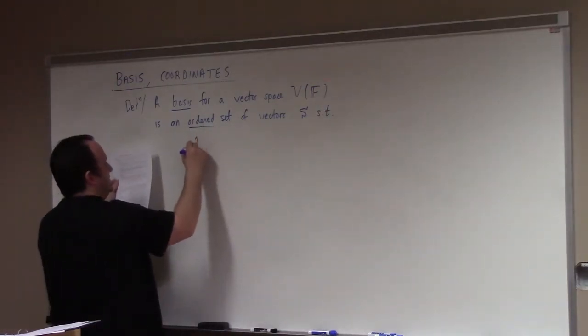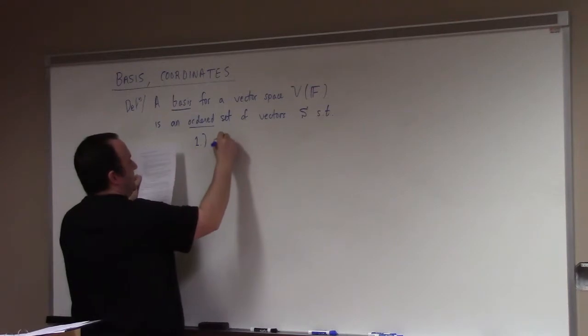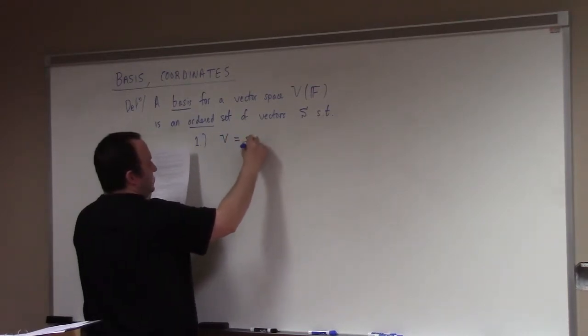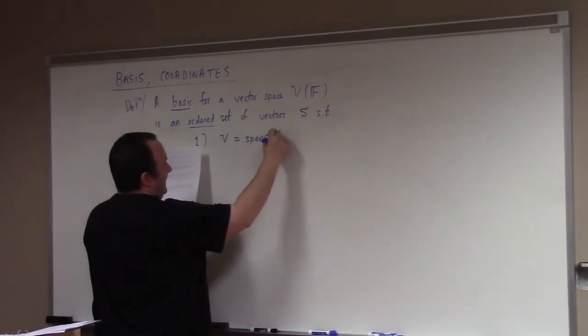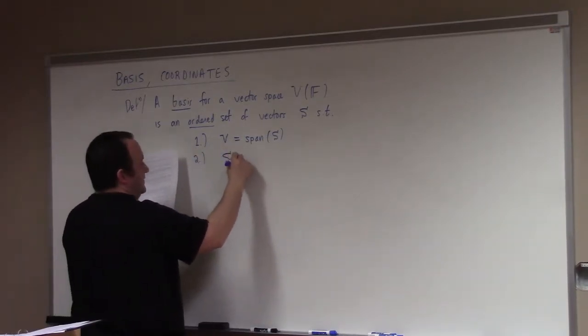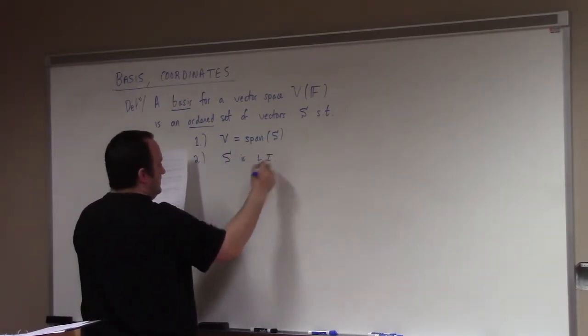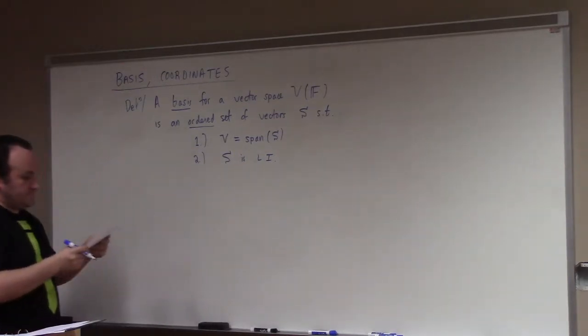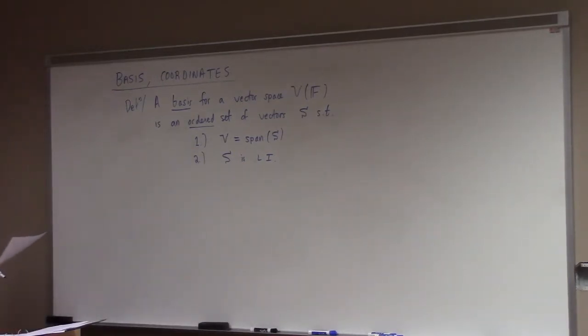Number one, it's a spanning set. So V is the span of S. And two, S is linearly independent. So this is what a basis is. A basis is a linearly independent spanning set for your vector space.